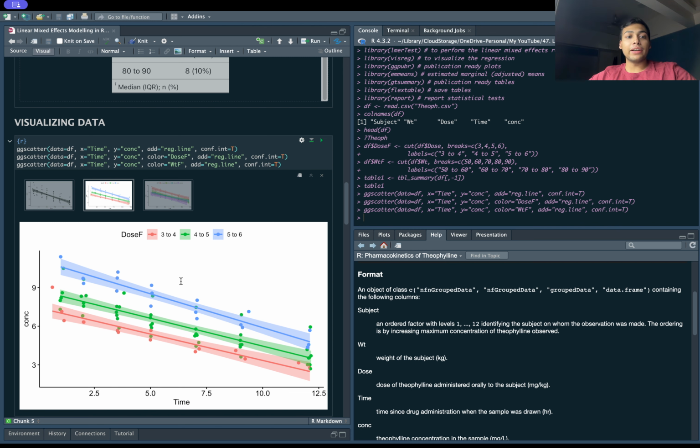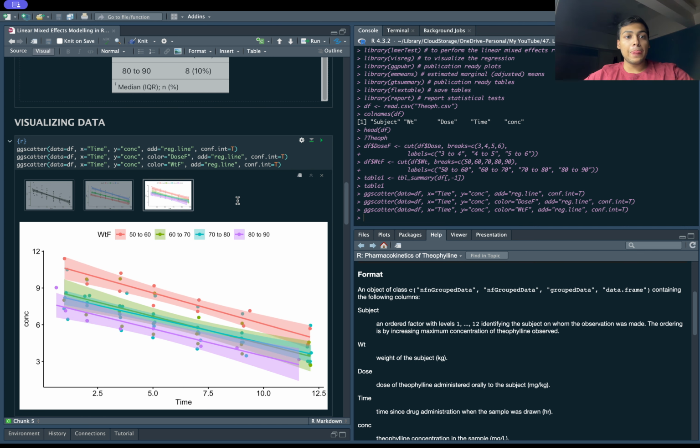And as expected, those with higher doses, 5 to 6 milligrams per kilogram, had obviously started out with higher concentrations, but you can see the slope, that is the rate of decline, is fairly similar. So, we can comment that whatever dose you give to the participant, the rate of decline is still the same. All right, pretty useful insight into our data.